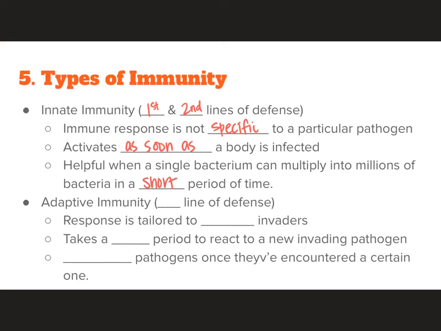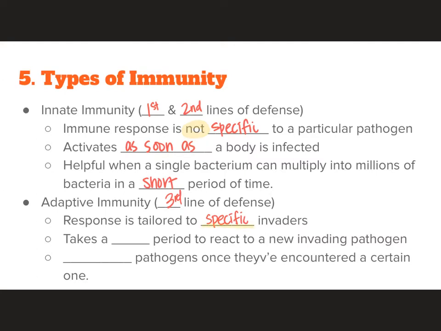Now we also have adaptive immunity, which is going to be mainly the third line of defense. The third line of defense, we just talked about it, their response is tailored to specific invaders. So the biggest difference between the innate immunity and adaptive immunity is that innate immunity is not specific, while adaptive immunity is very specific to invaders.